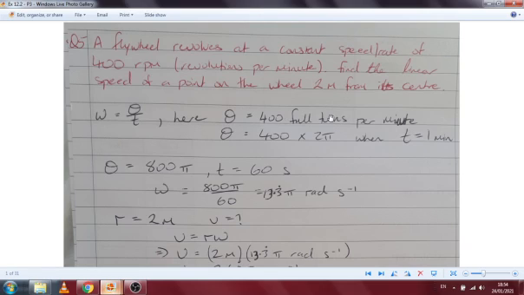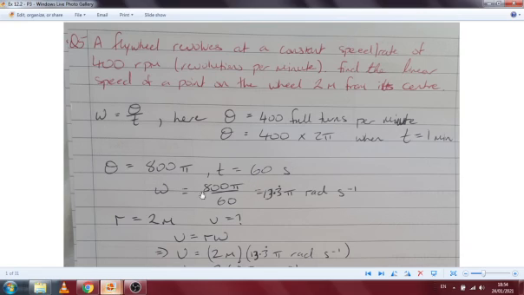So 400 by 2 pi, because one full revolution, 360 degrees, is 2 pi in radians. So the angle it traces out is 400 2 pi's every minute. So when t equals 1, it goes around 400 by 2 pi radians. So our angle is 400 by 2 pi, that gives me 800 pi. So that's the angle it traces out. It's every minute, so that time is 60 seconds.